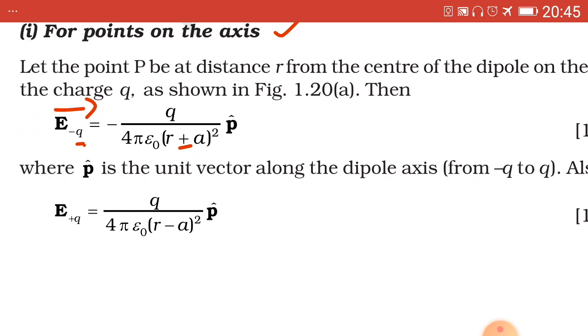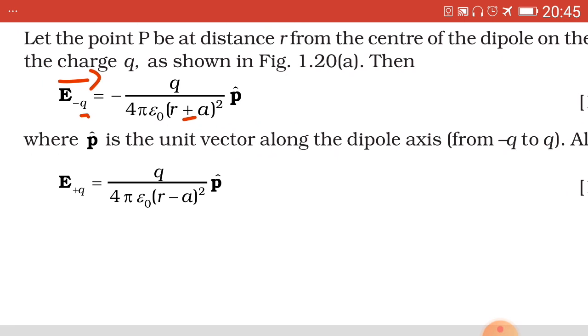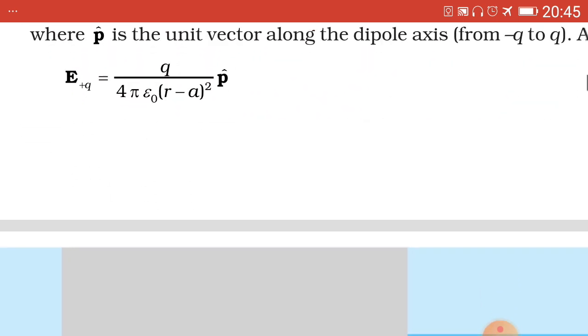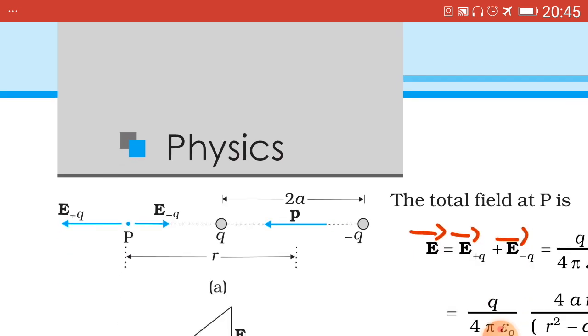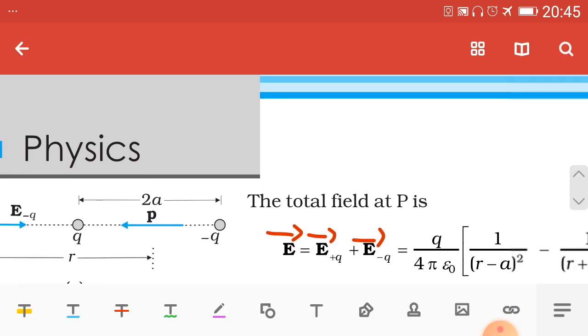Also similarly, vector E at plus q equal to q upon 4 pi epsilon 0 into small r minus small a the whole square into p hat. Now here plus q is there, so r minus a, opposite is minus sign. Now we add up the two fields due to minus q and plus q.